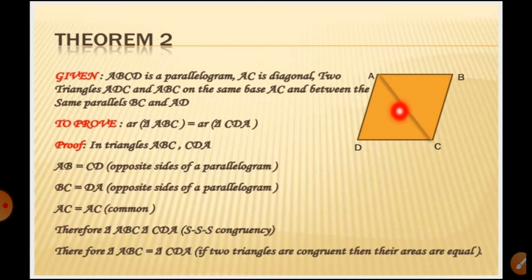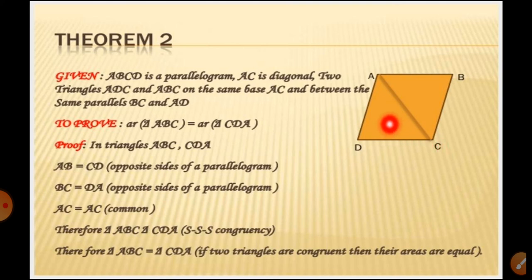In triangle ABC and triangle CDA, if we compare these two triangles, we have AB is equal to CD, opposite sides of a parallelogram. Then BC is equal to DA, opposite sides of a parallelogram. AC is equal to AC, it is common.